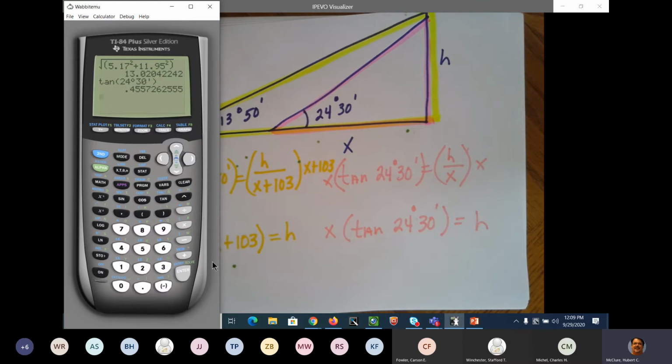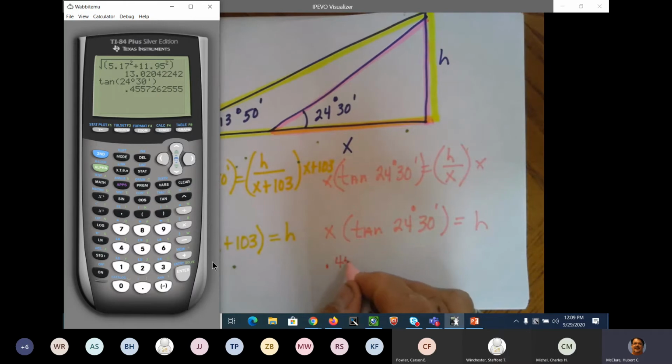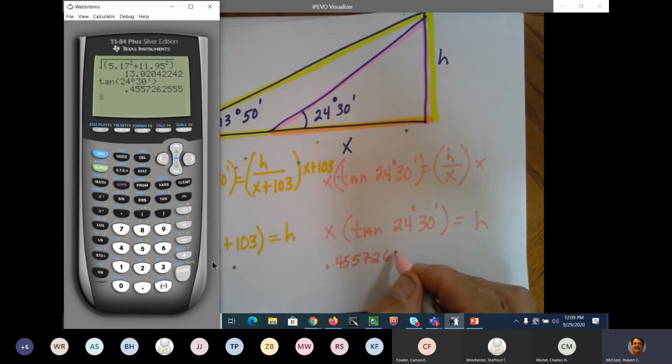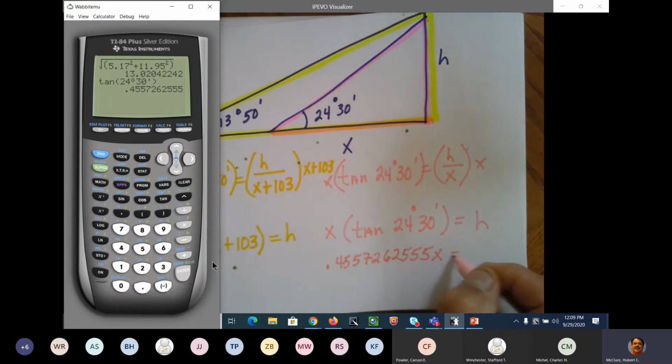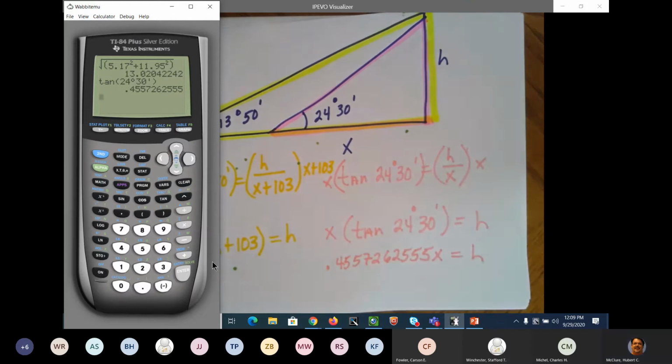Instead of that pink tangent, I'm going to say 0.4557262555 x is equal to h. And then over here, I'm just going to hit second enter, and change that to 1350.